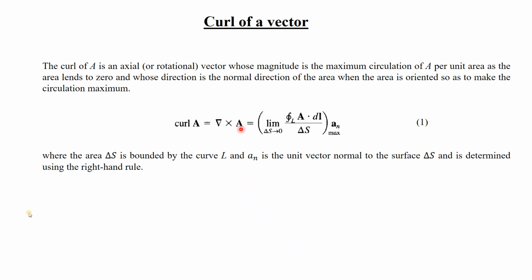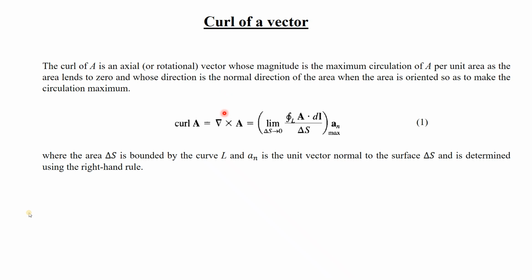Curl, as I have told you, is the cross product of the del operator with the vector. Now, what is the physical significance or explanation for this curl? Curl is actually an axial or rotational vector.